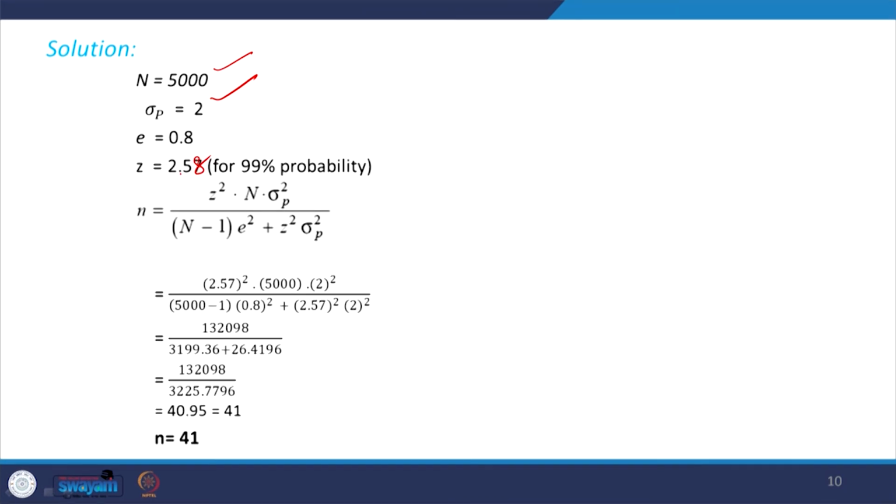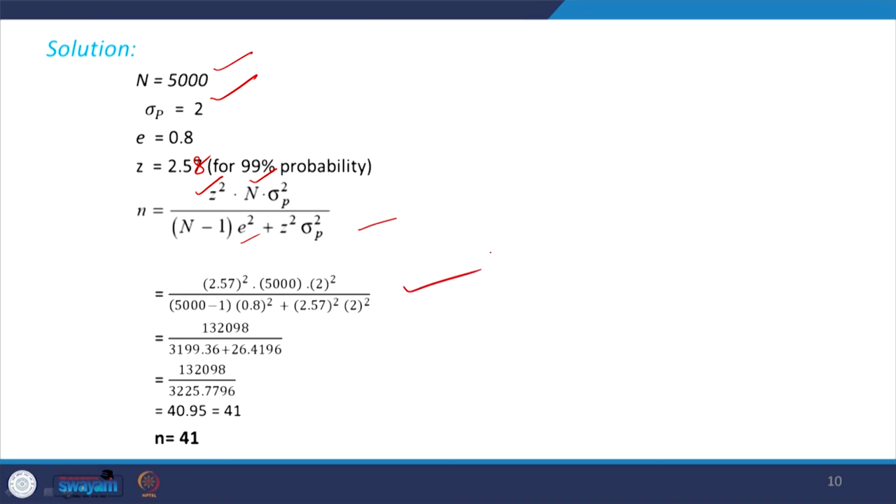So, for Z of 2.58, capital N is 5000, sigma square is 4, that is sigma is 2, n minus 1, and E value is 0.8. The rest are given.